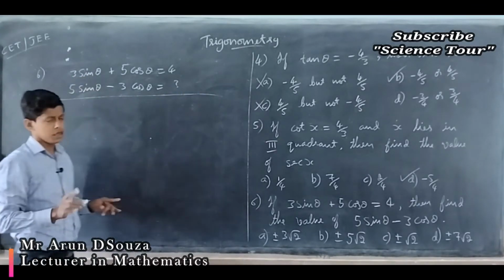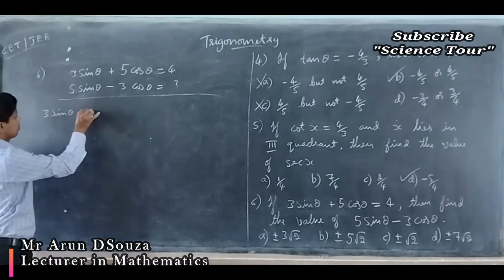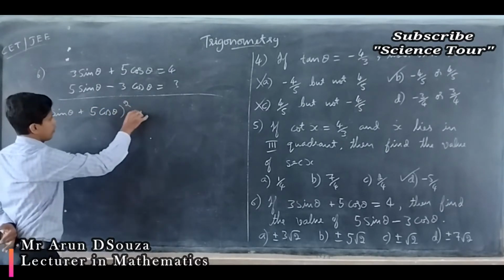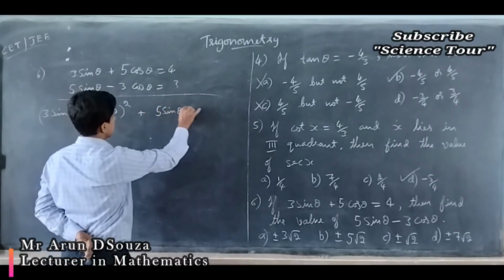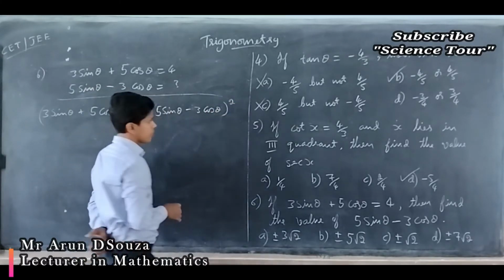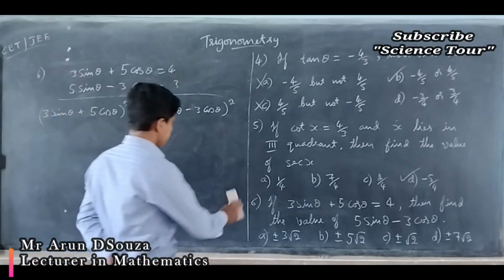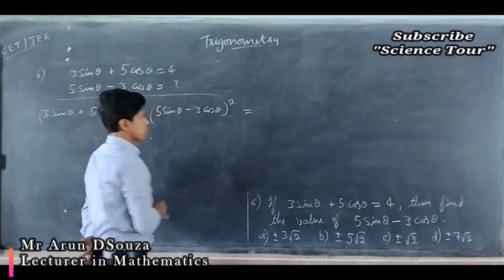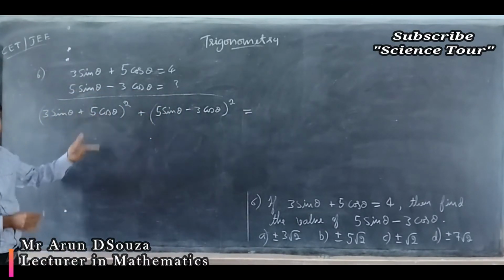Now start with (3 sin theta plus 5 cos theta) the whole square plus (5 sin theta minus 3 cos theta) the whole square. Let's see what we get. This is (a plus b) whole square, so please expand.